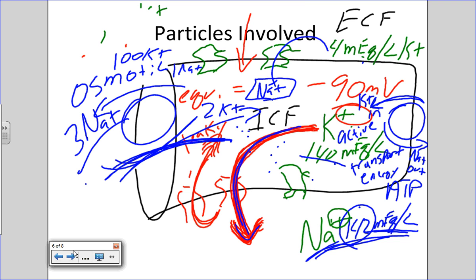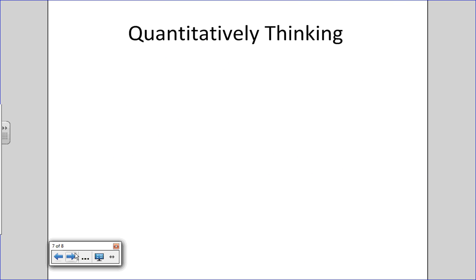Now let's think about how we can quantitatively think about this. We can essentially calculate when this net movement of potassium is going to come to a stop. We do this by using what's called the Nernst equation.